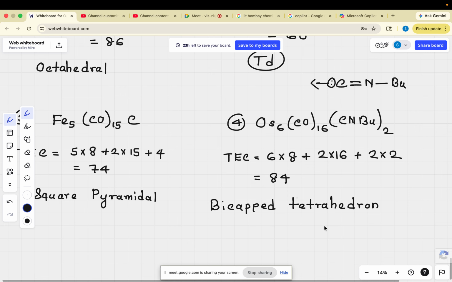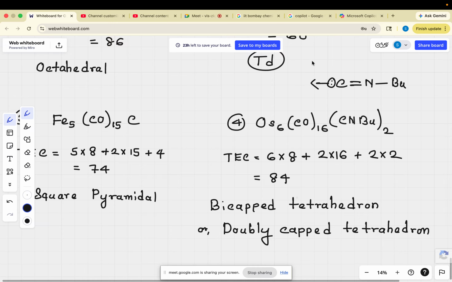Or you can write, this is also known as doubly capped tetrahedron.